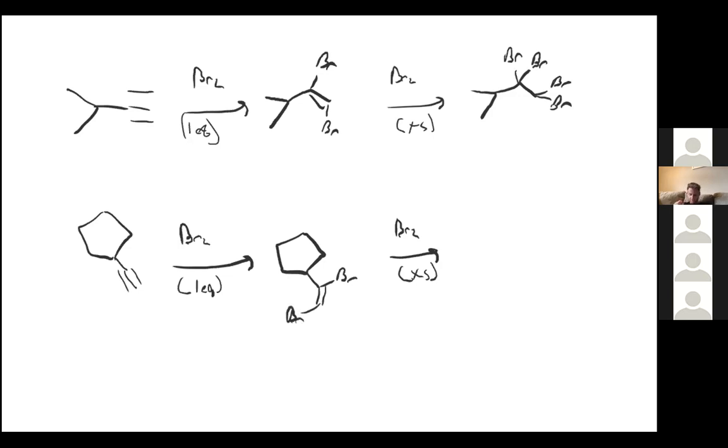Anti in our first step, completely brominated in our second. Like so.